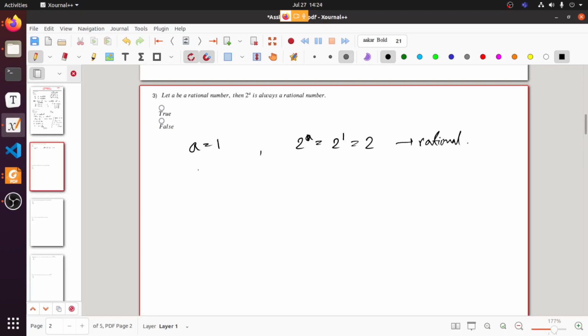Now take a to be half. Then 2 to the power a is 2 to the power 1 by 2, which is the square root of 2. You know this is not rational, so it is irrational. So for a rational number a, 2 to the power a is not always a rational number. So this is false.